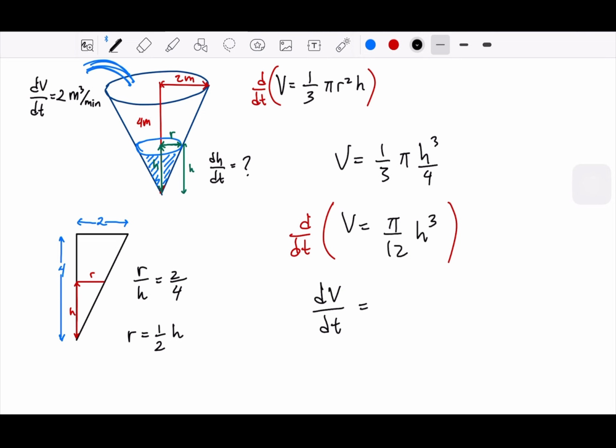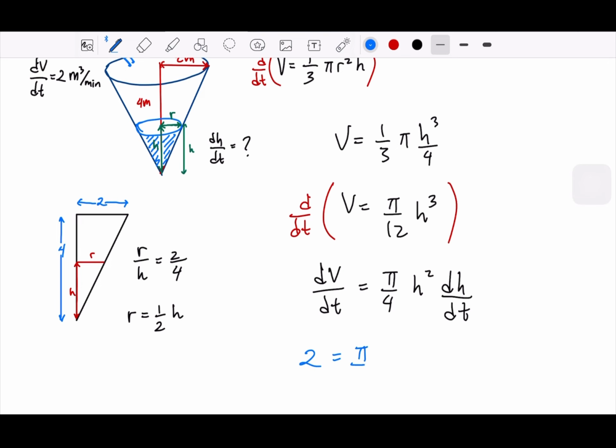So this will be 3 pi over 12, which is pi over 4, h squared and then dh over dt. Okay, dv over dt is 2.